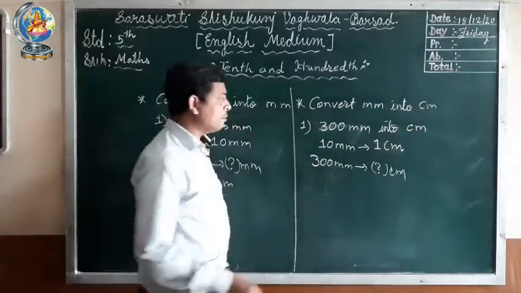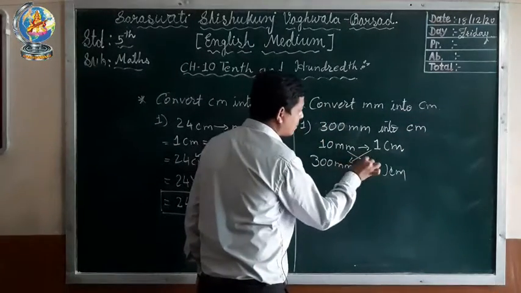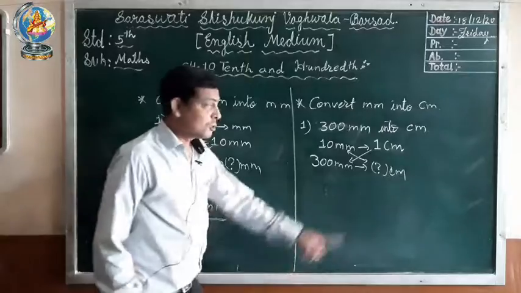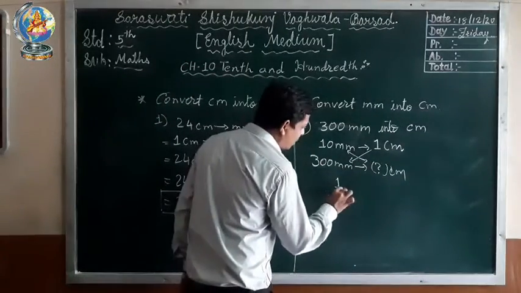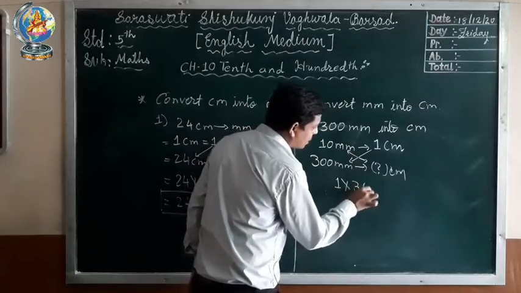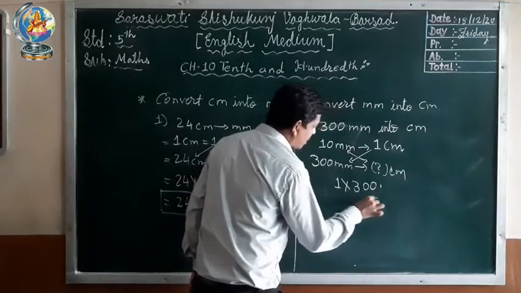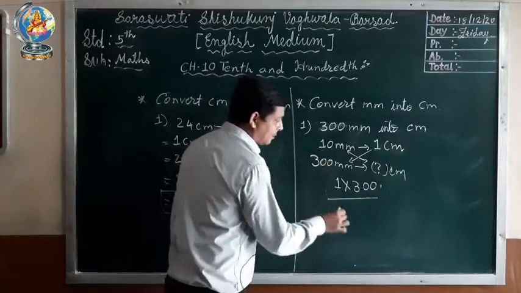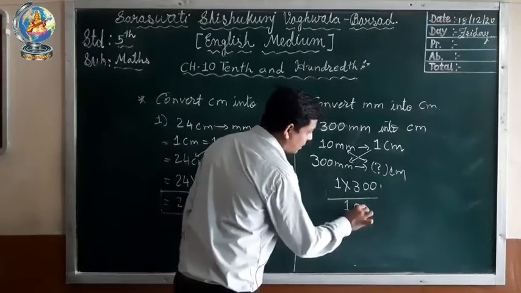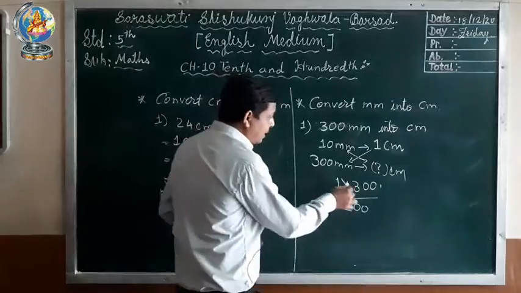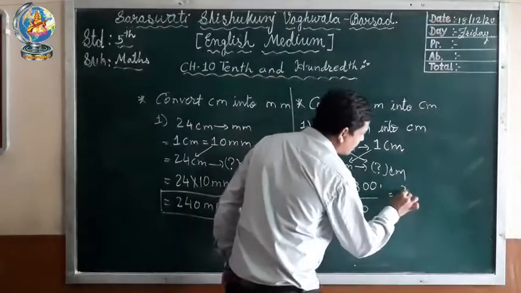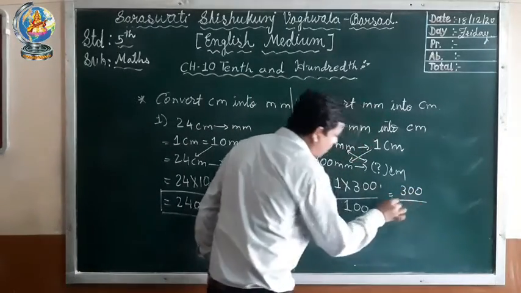Okay, so we just have to do cross multiplication. 1 multiplied by 300 upon 10. Now 1 into 300, that is 300 upon 10.